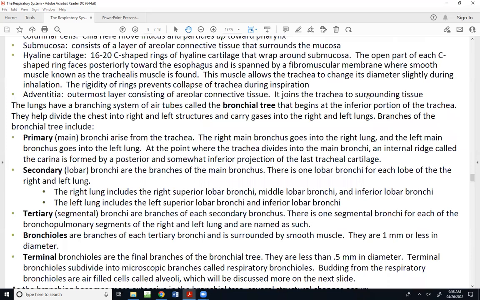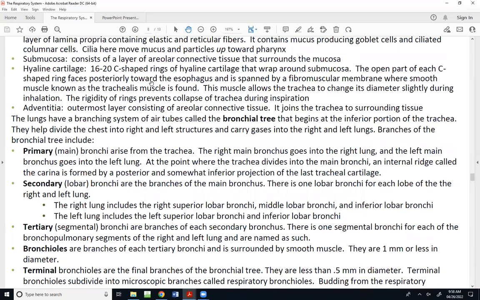The open part of the C-shaped rings faces posteriorly toward the esophagus, and is spanned by what we call a fibromuscular membrane, where you find a special type of smooth muscle that has a special name, the trachealis muscle. This muscle allows the trachea to change its diameter very slightly, but it does change it nonetheless when we inhale.